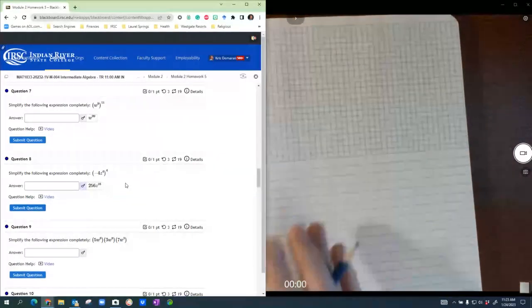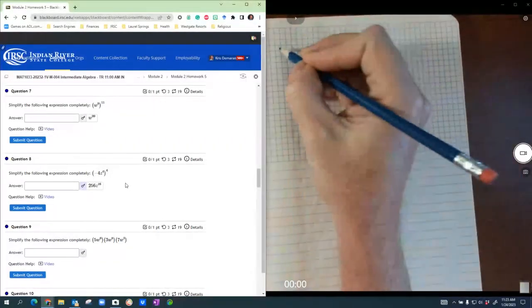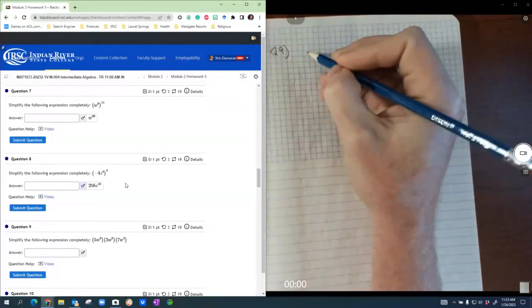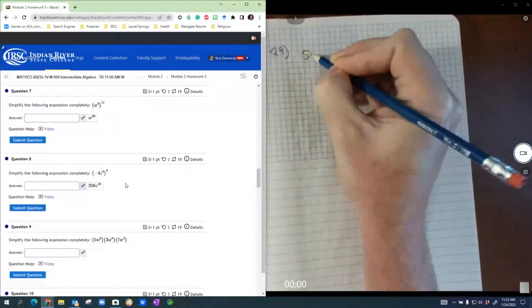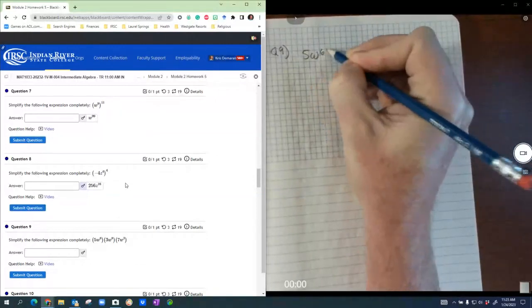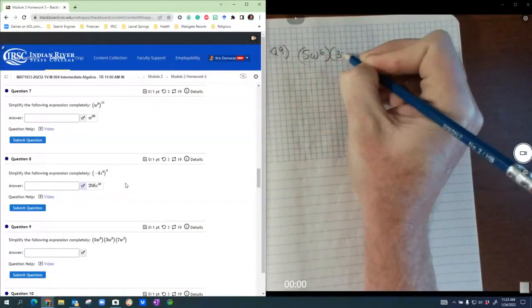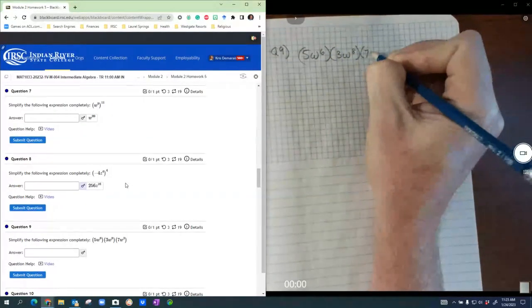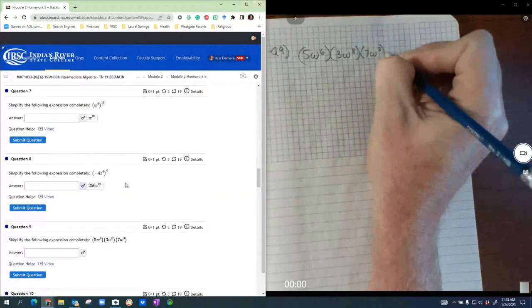All right, now we look at question number 9 here. We see that we have 5w to the 6, 3w to the 8, and then we have 7w to the 3rd.